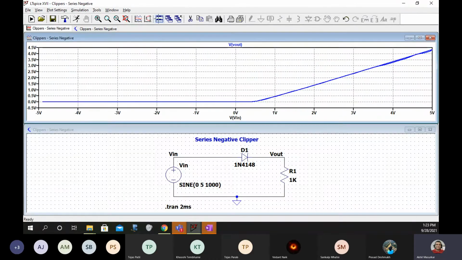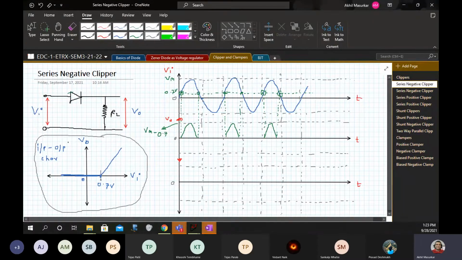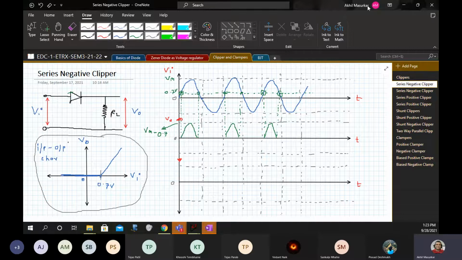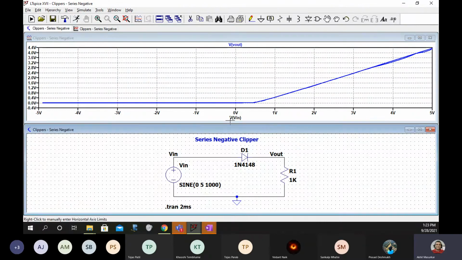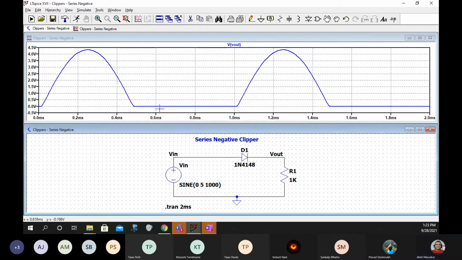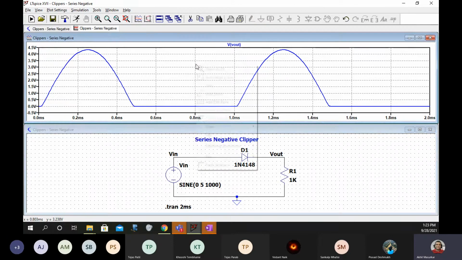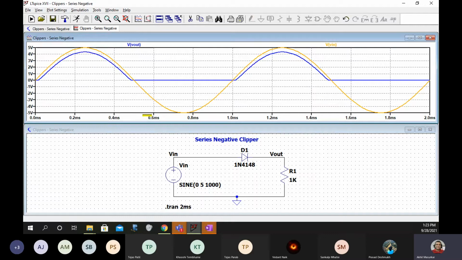So this is the graph that you should get, and in this also we got this graph where this was 0.7. Now I want you to show me this circuit and this output. If I just say run, and I write here time, we'll get the actual waveform, and you can keep your V in as well, no problem.